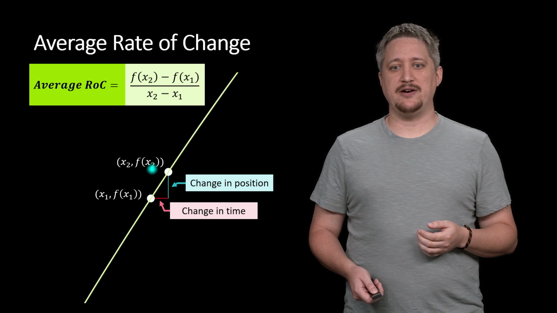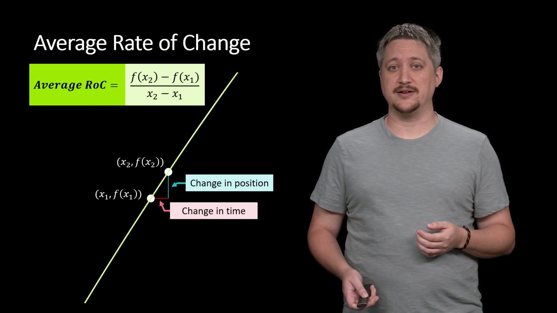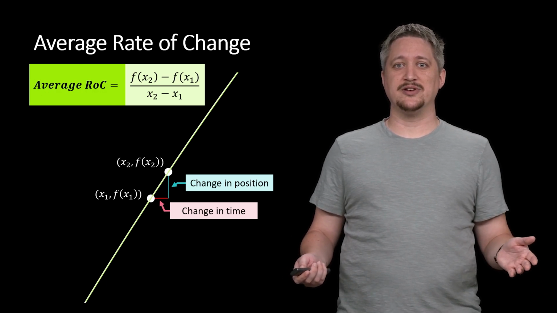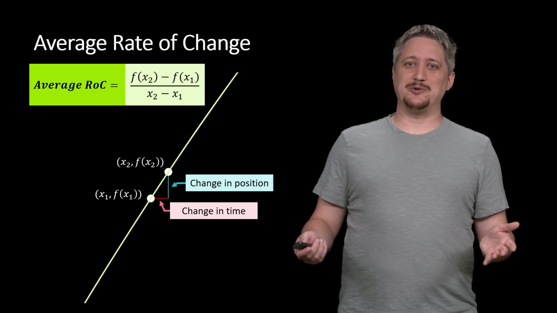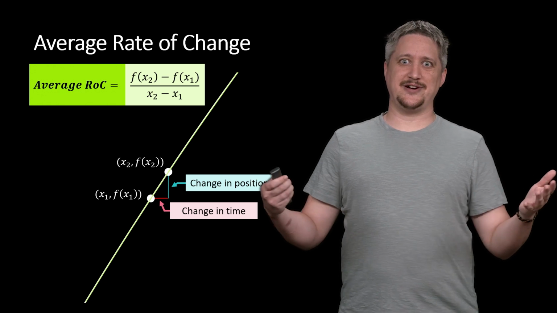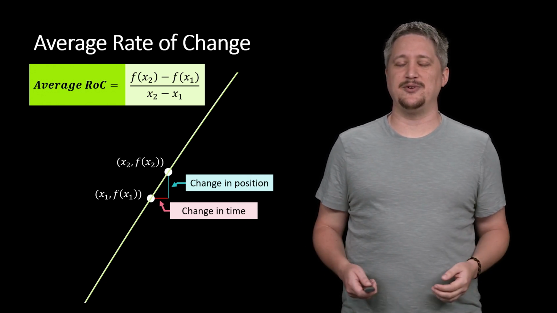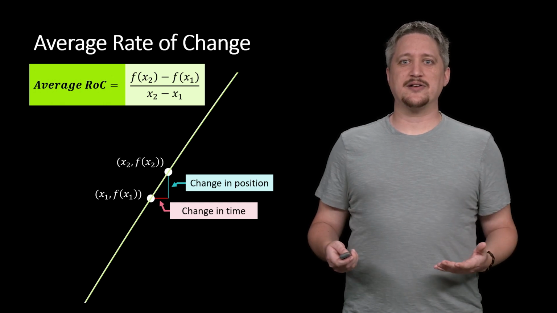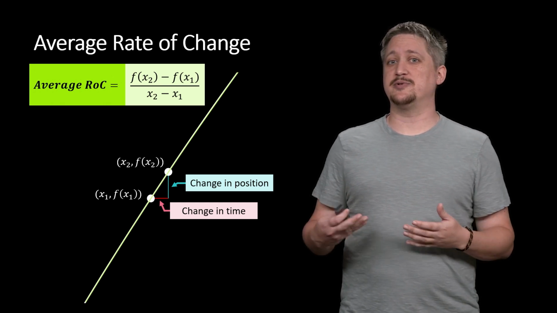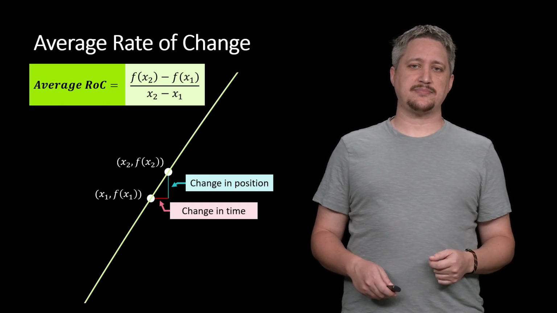So I can see I have the x2, f of x2 going into the first part, right? And the x1, f of x1 is going into that second part, and I'm finding the slope between those two points, just like one of those oh so classic questions of here's 2 points, find the line that goes between those points, right? So same exact process, but now we have the context to interpret it as an average rate of change.